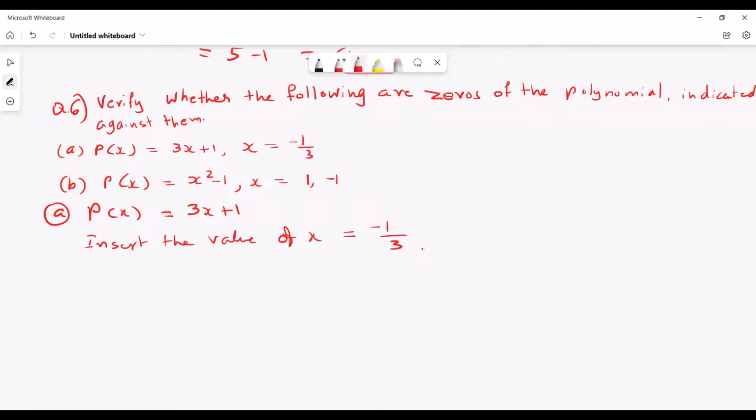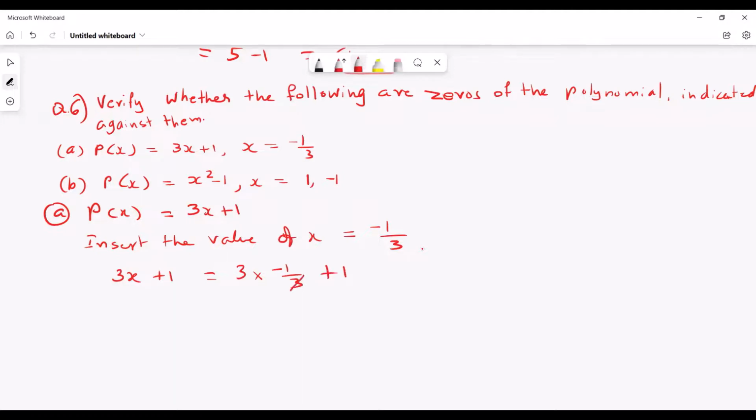So we are replacing x by minus 1 by 3. So 3x plus 1 becomes 3 into minus 1 by 3 plus 1.